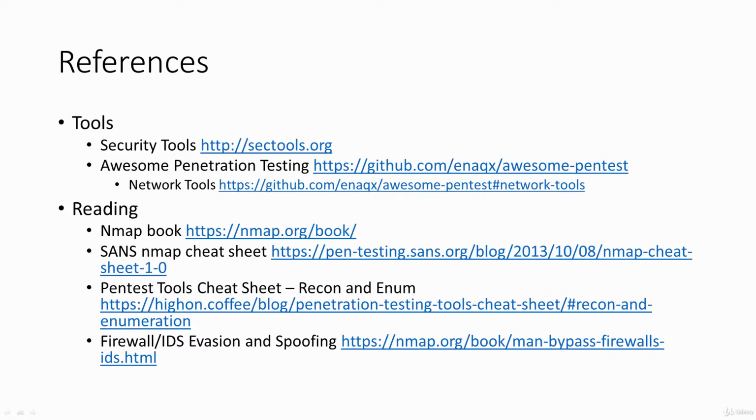There is one of these awesome compilations on GitHub pertaining to penetration testing, yeah, and the section on network tools is relevant to what we have discussed in this video. And to read more, you of course have this Nmap book that Fyodor has written himself, the author of Nmap. And it's really interesting just to understand, to have a deep understanding, really.